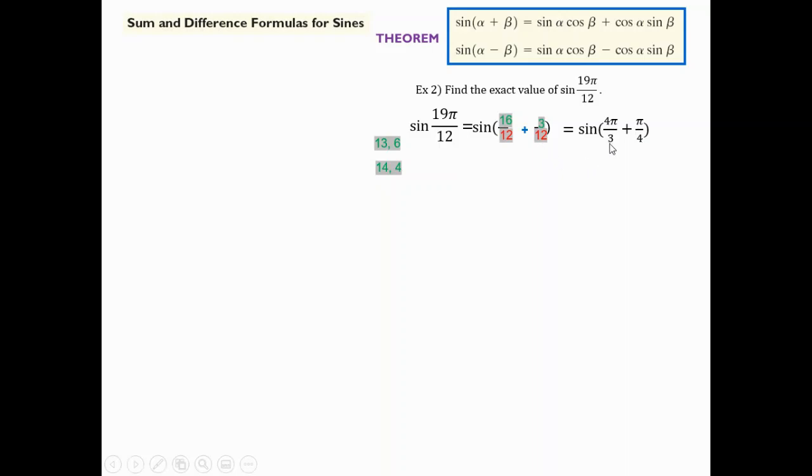Generally, if it ends with a 3, not always, but generally, if you go 3 times 60, that's 180. So 3 is going to match with the 60 degrees. That's kind of how you can go about doing it. And if it has a denominator of 6, you can probably do that because that might be 30 degrees. So try to look for a denominator that's 3, 4, or 6.